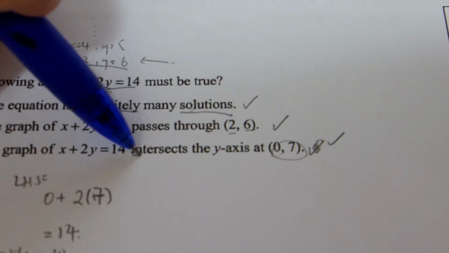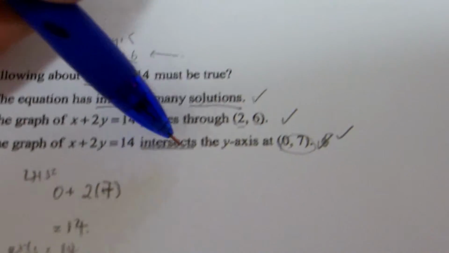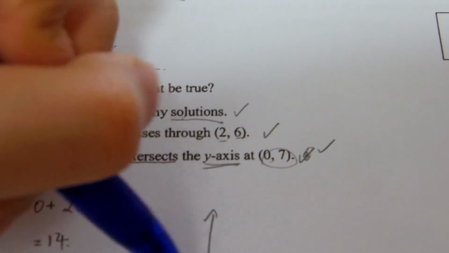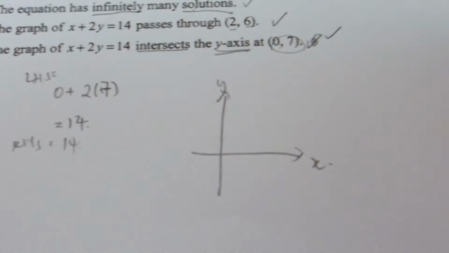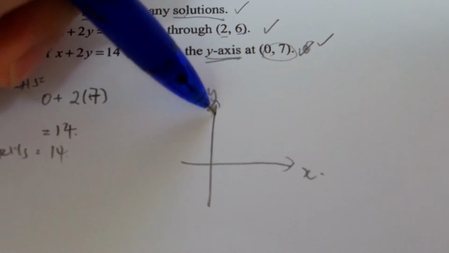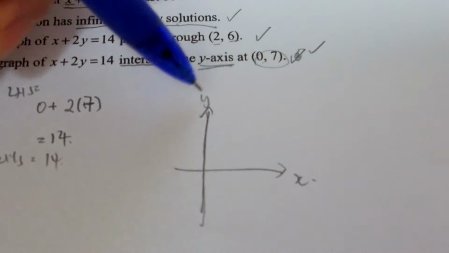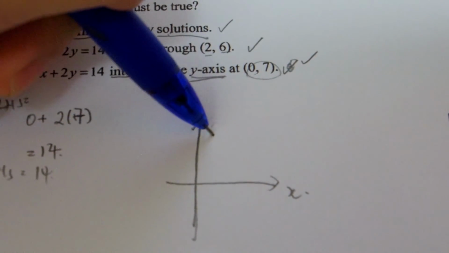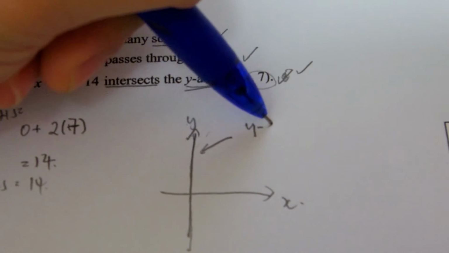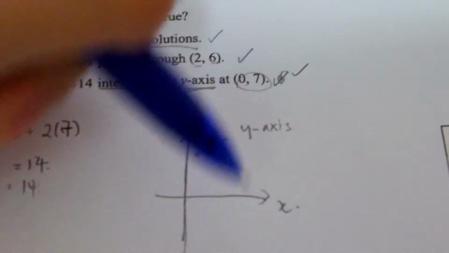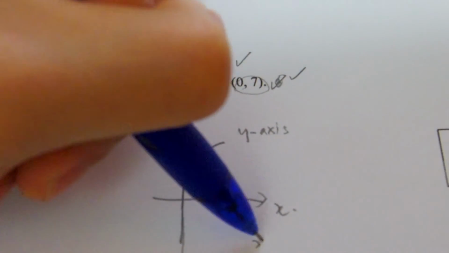Intersect means meet. Y-axis, what does it mean? Do you remember? Recall, we have this thing. We call this line the y-axis. Obviously, this would be the x-axis.